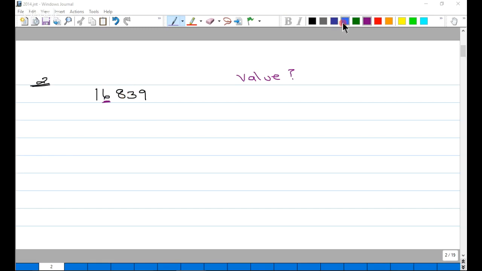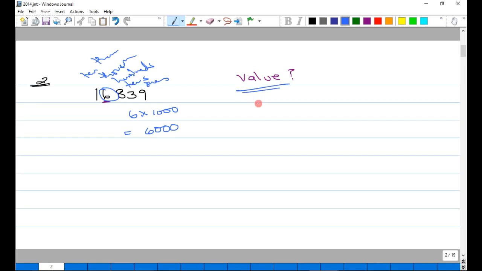So if we're going to label this, this would be our ones or units, 3 tens, 8 hundreds, 6 thousands, and one set of what? 10 thousands.